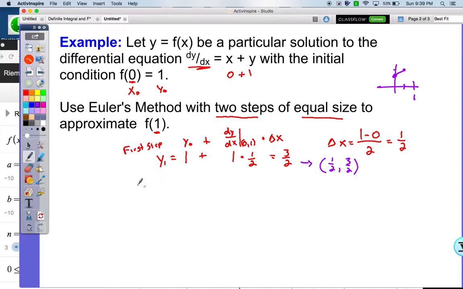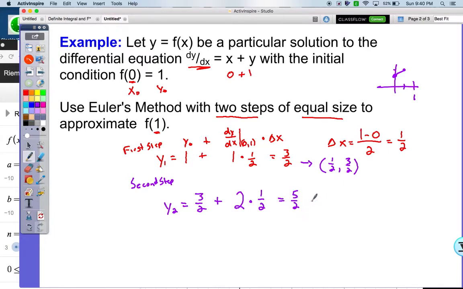And then my y sub 2, my second step, is my y that I got from the previous step, which is 3/2, plus my derivative at this point, (1/2, 3/2). So 1/2 plus 3/2 is 4/2, so that gives me 2. Times my delta x, which stays the same every time, 1/2. So that'll be 3/2 plus 1, so that would give me 5 halves.